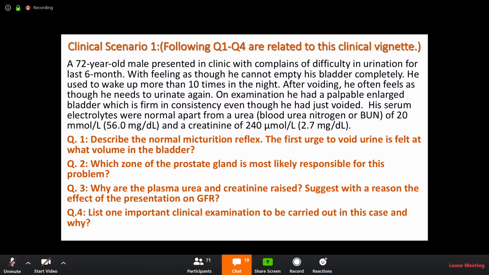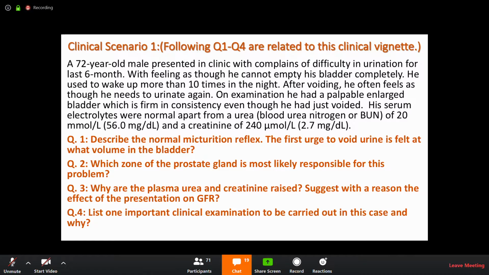Now, let's go back to filtration. For filtration to take place, I need three pressures. One is the capillary hydrostatic pressure. The second is the capillary oncotic pressure or osmotic pressure, whichever you want to call it. And the third one is the Bowman space hydrostatic pressure.